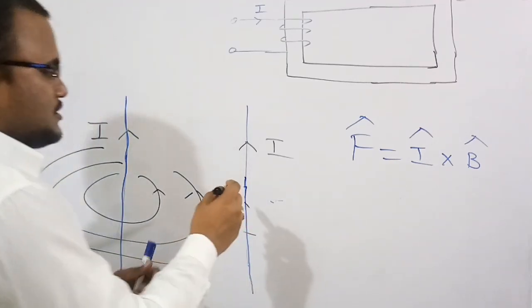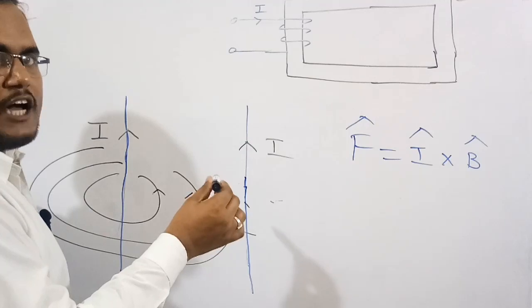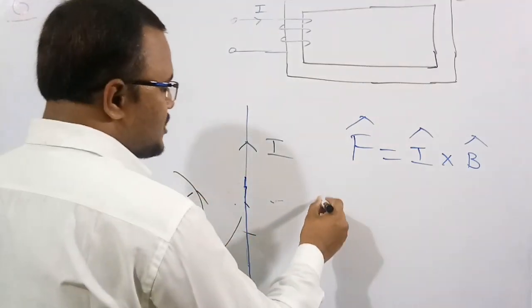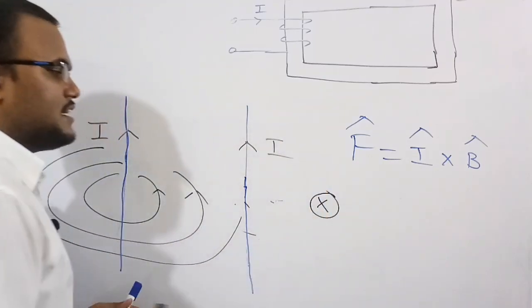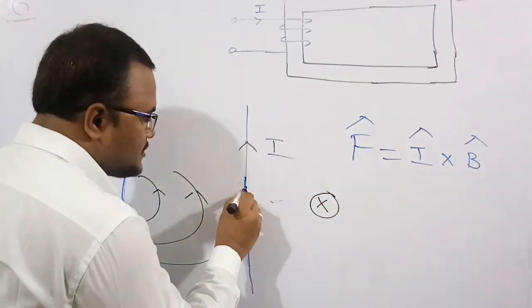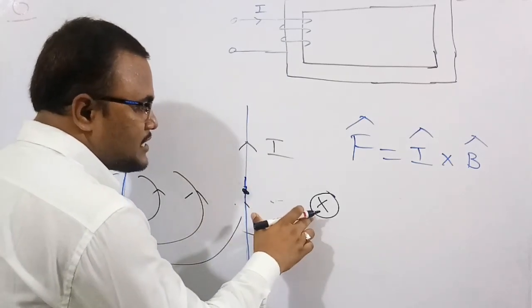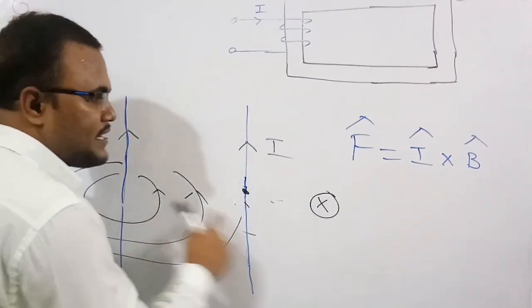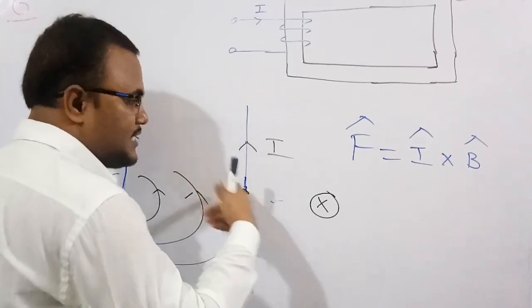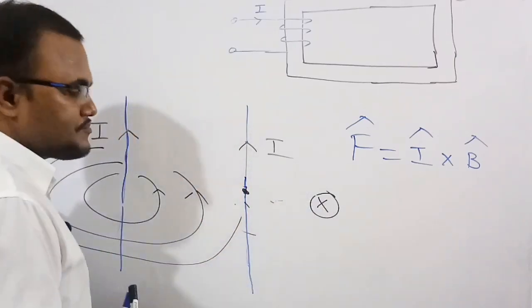Suppose this cross mark indicates the direction of the magnetic field at this point because of the first wire. It is going inside, so that is why I made it a cross.